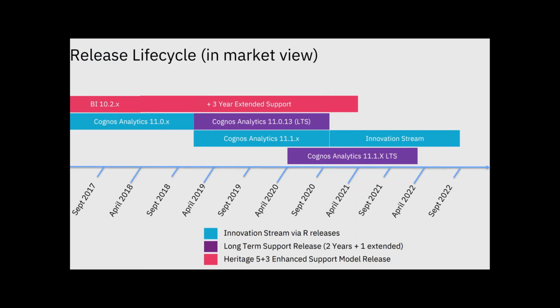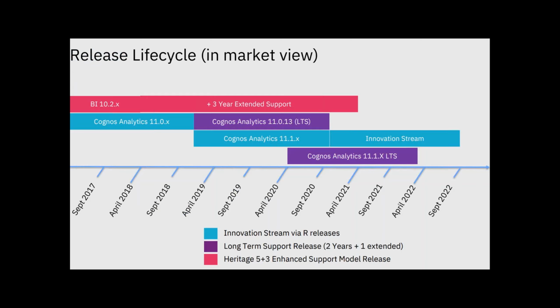And then, for 11.1, we're in what they're calling the innovation stream. What that means is we're going to be getting new features and bug fixes for the foreseeable future, right? So here's something that IBM has provided to show you in a more graphical view what that looks like, but it's really the same information that I just talked through.